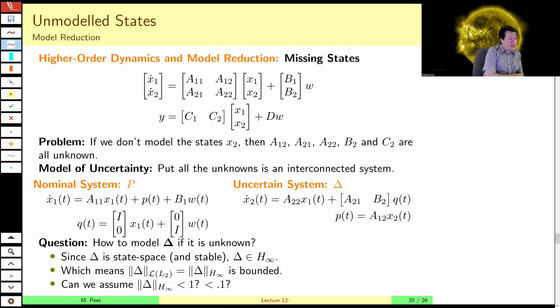The second class of things which we haven't really discussed too much are those unmodelled states. And so this slide and the next slide deal with the question of unmodelled states. As I mentioned in the introduction to this lecture, one source of unmodelled states is model reduction.